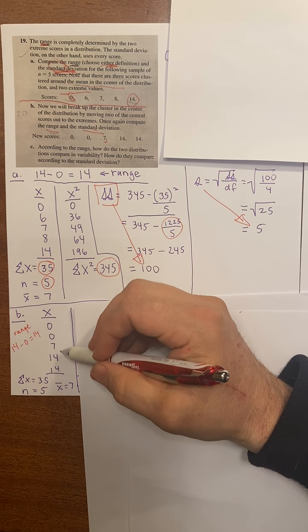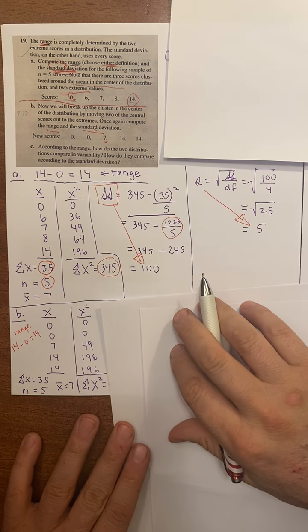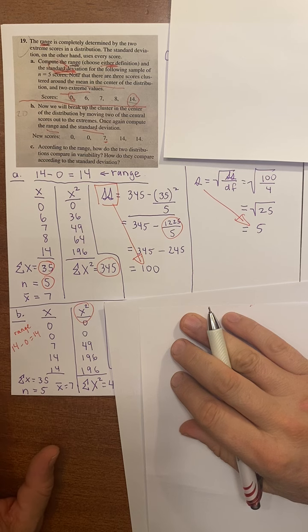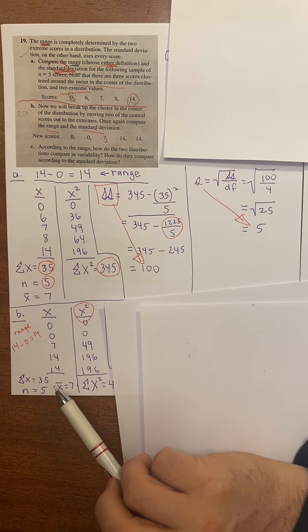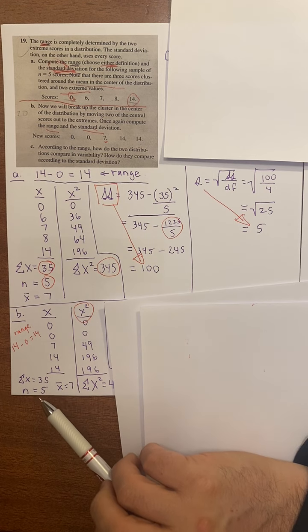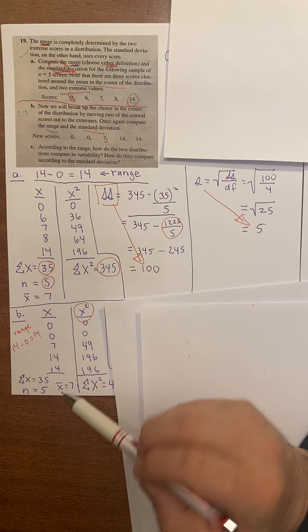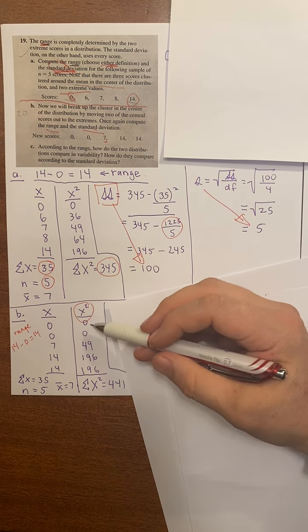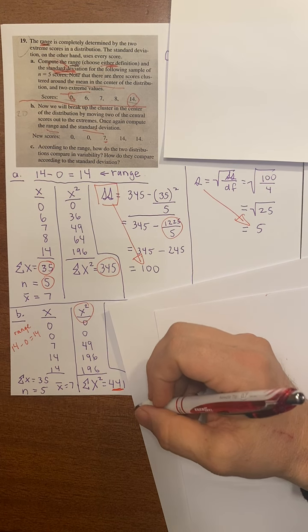So we start out by creating our table. I'm going to do the computational formula again, and you're seeing that because I've got my x squared value there. One thing that's interesting is that the sum is still the same, the number of participants is still the same, and the average is still the same. But once we start to move over to our x squared values, it looks like our sum of squares is going to be different, right?